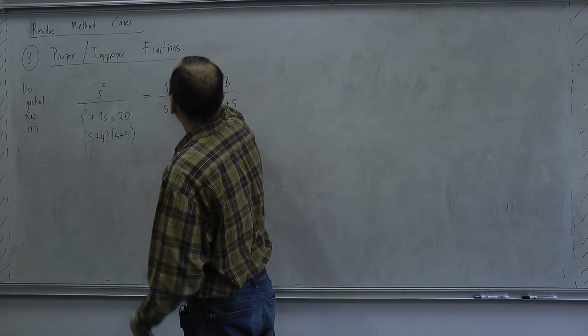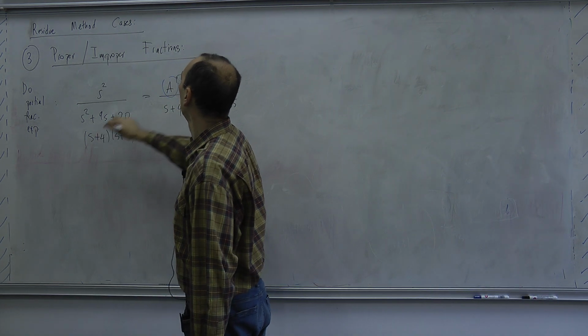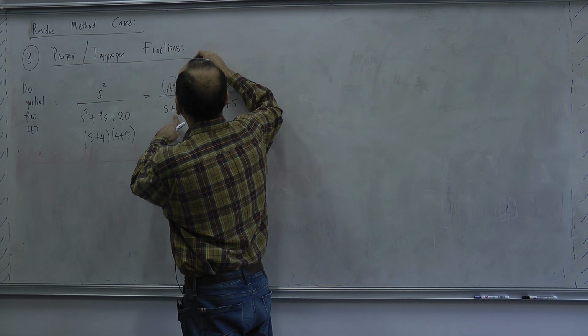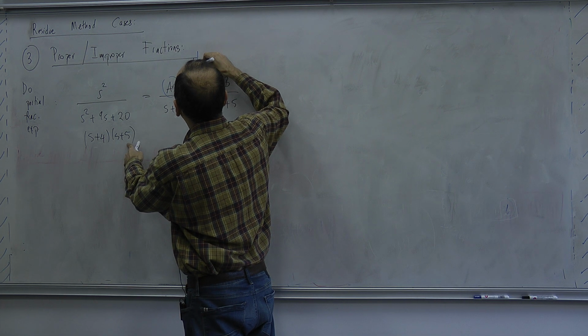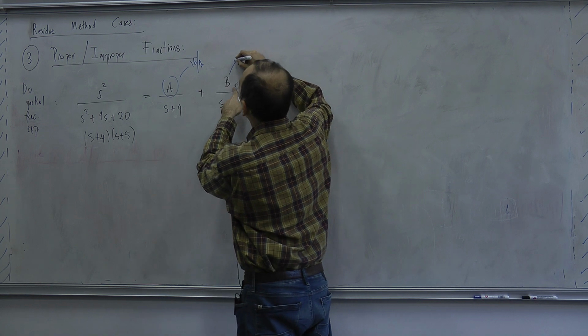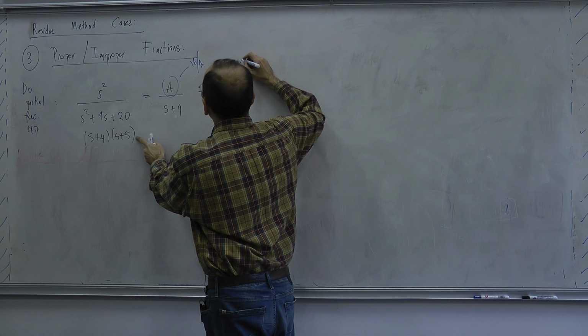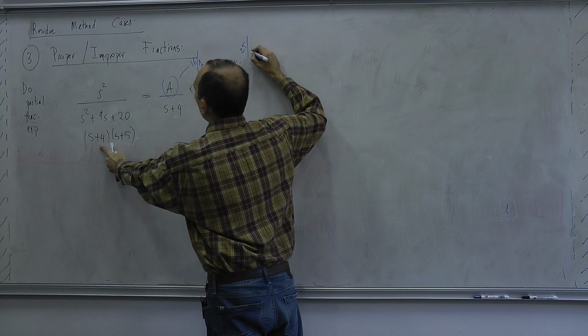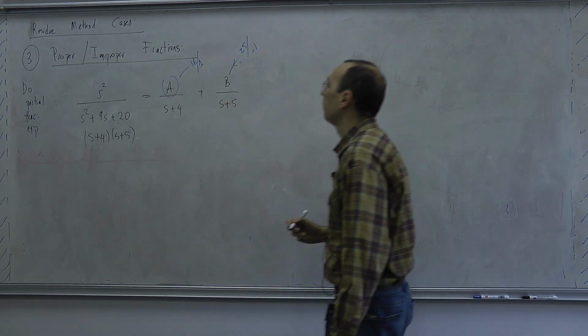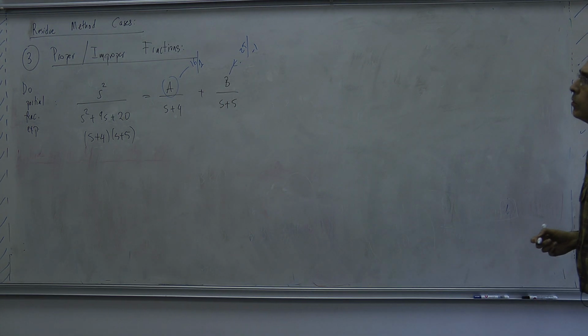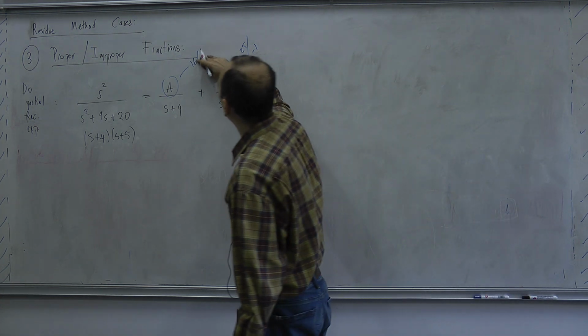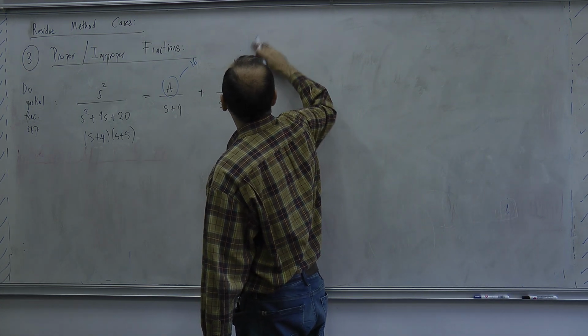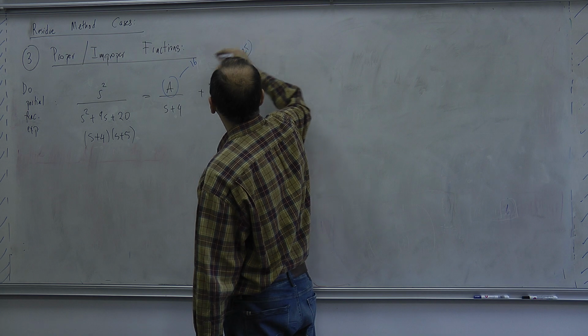Then a is equal to, this is minus 4, 16 divided by 1. B is equal to, cancel this, 25 divided by minus 1. That is it. Okay. So this is equal to 16. This is equal to minus 25.